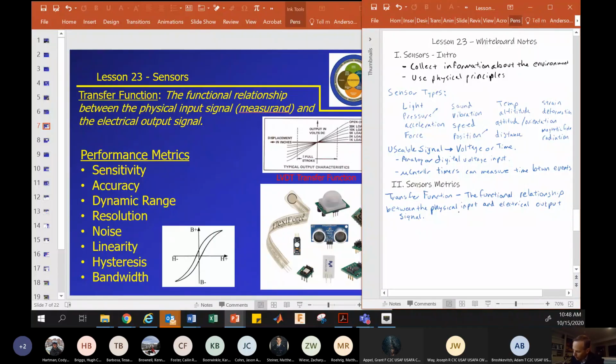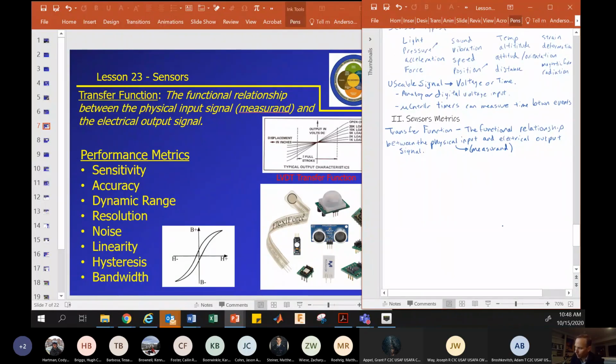So the physical input we call the measurand, that which is being measured. So that's really important in understanding how a particular sensor works.